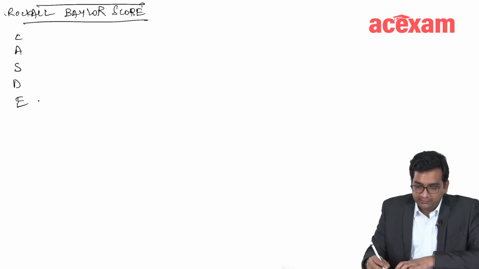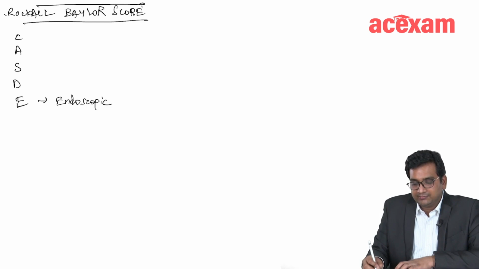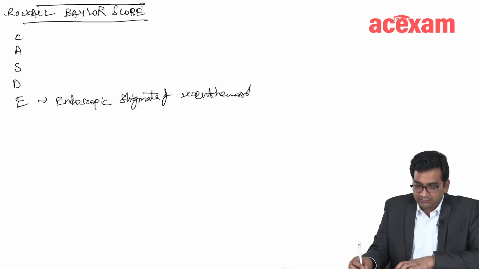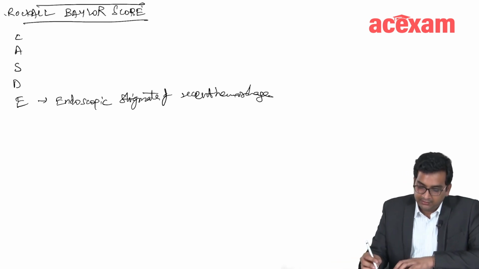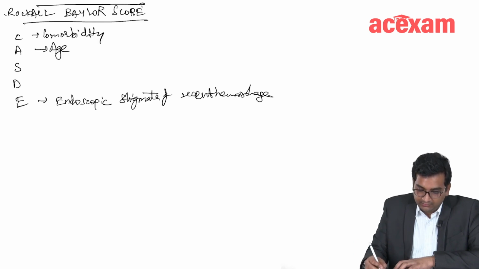So this E is obviously endoscopic stigmata of recent hemorrhage, or recent bleed. And now coming to C, this is comorbidity, then age, shock, and diagnosis at the time of endoscopy.